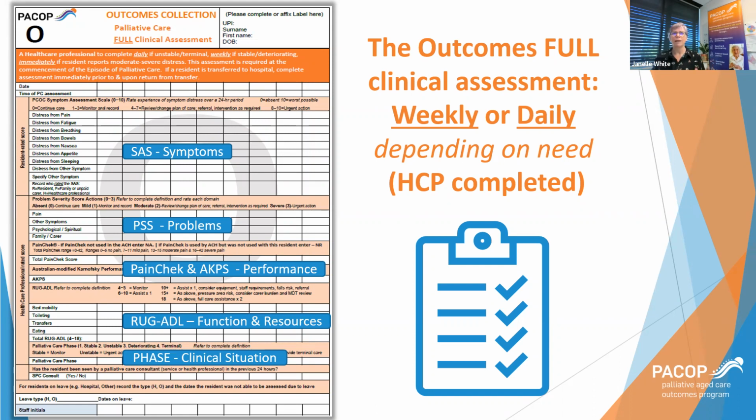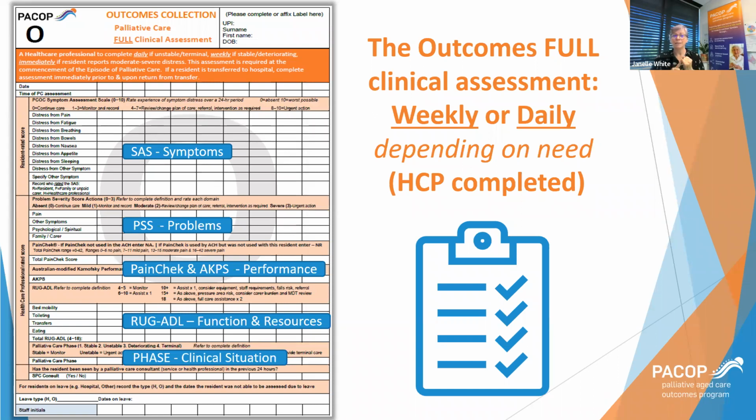So that's what the phase is talking about. It's always done at the end of all assessments, because all the assessments inform what phase you need to allocate to the resident.